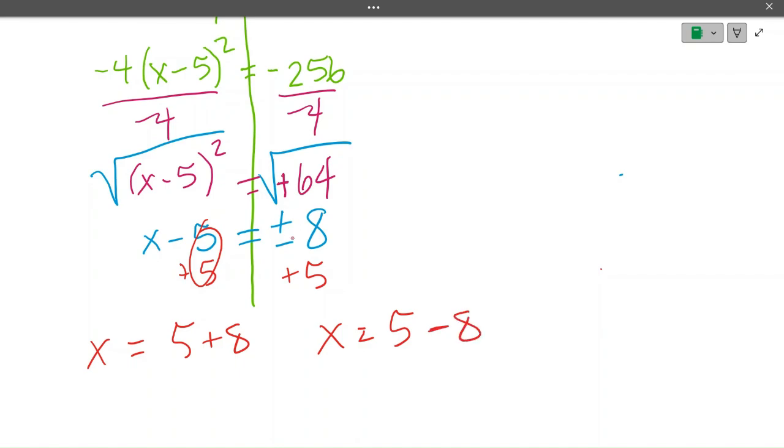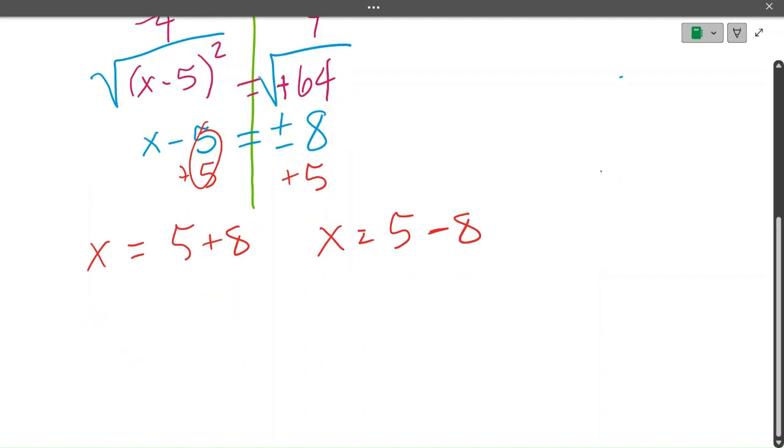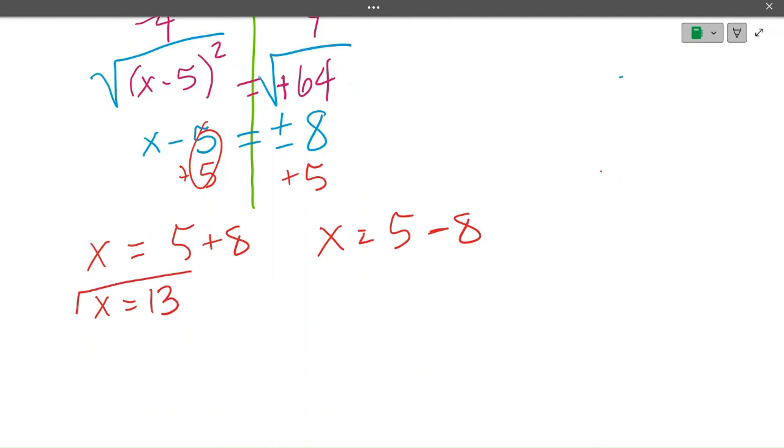Remember, we have to set up two equations because quadratics are symmetrical and we get two symmetrical values for x, the same distance from the line of symmetry, and they share the same y value. So in this case, x is 13 when we add those together. And in this case, x is negative 3.